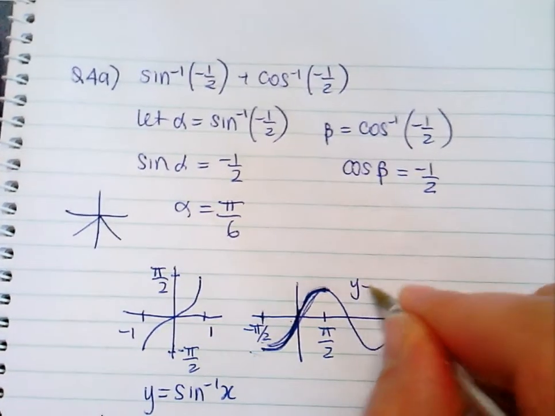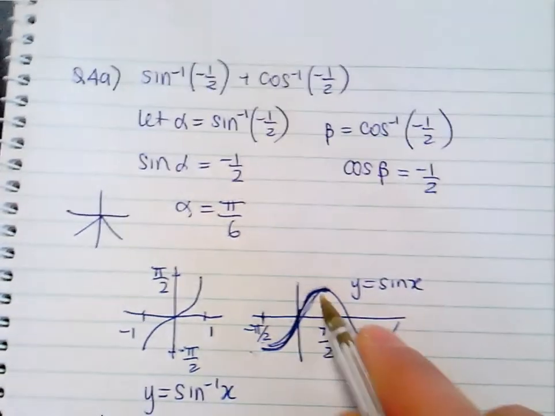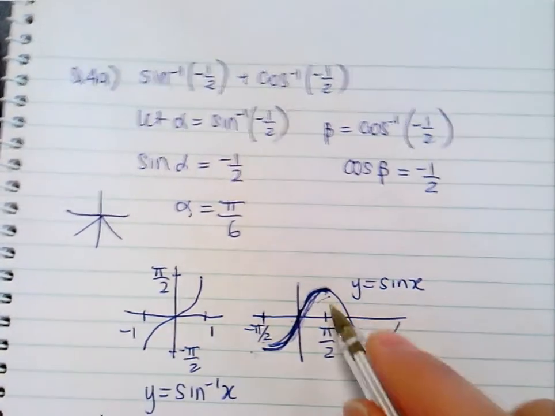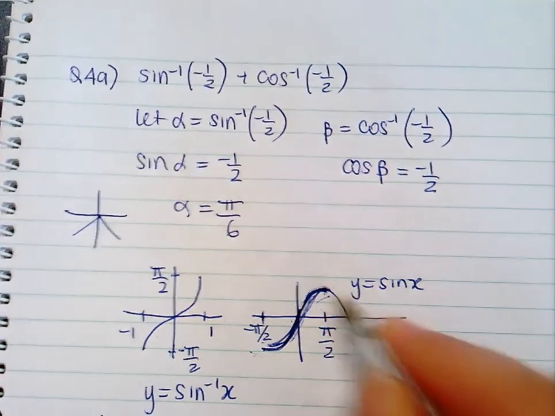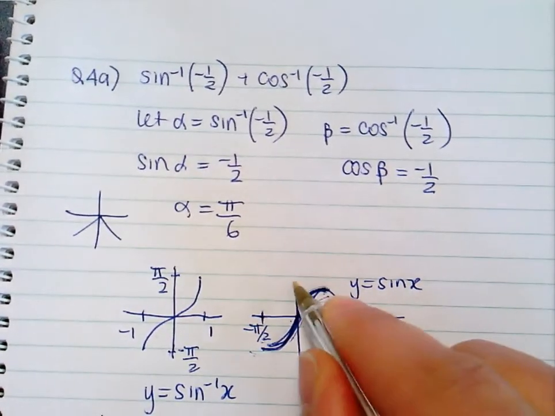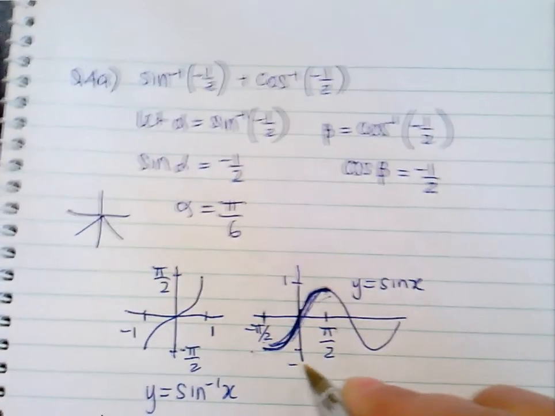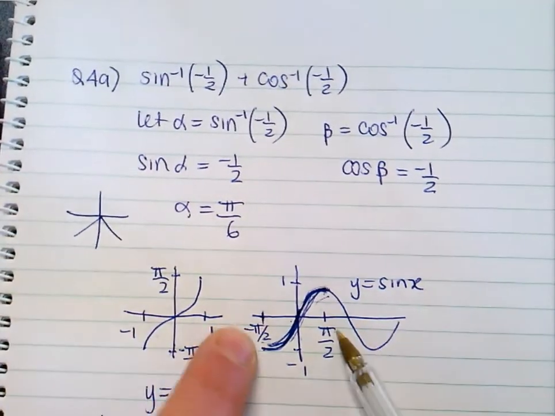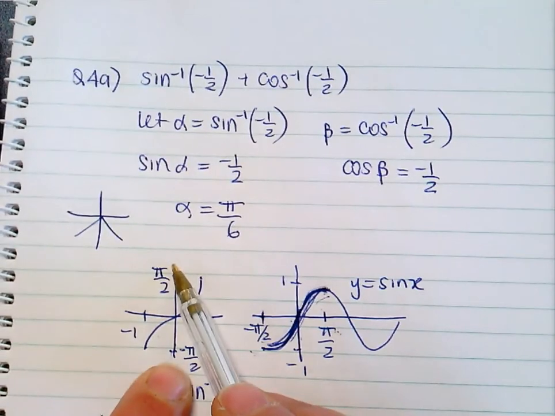Now this is y equals sine x. This is the bit of the sine curve that I use for the inverse function. So notice the domain is from negative pi on 2 to pi on 2, and the range is from 1 to negative 1. The range becomes my new domain, and the domain becomes my new range for my inverse curve.